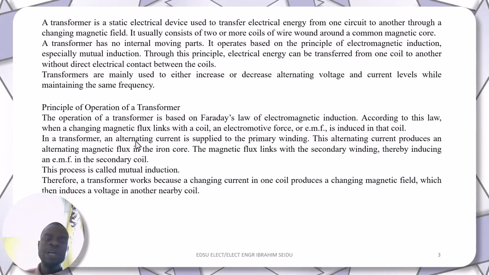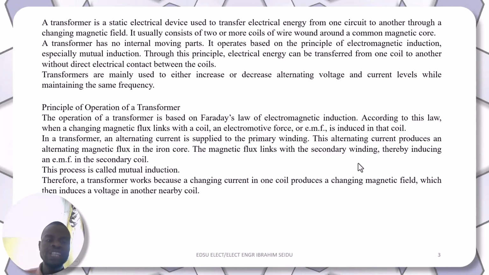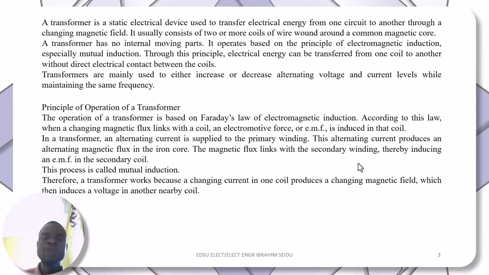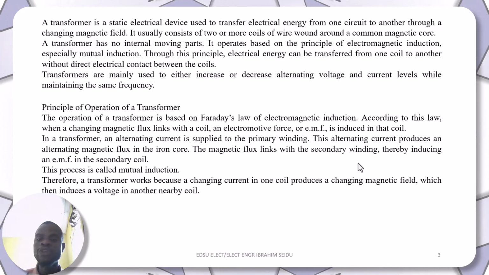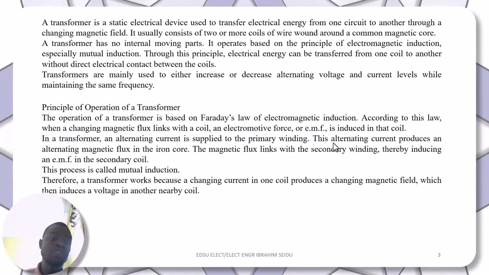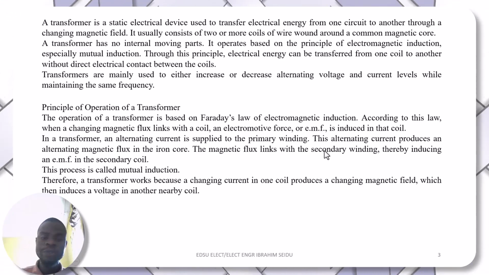So in a transformer, an alternating current is supplied to the primary winding. This alternating current produces an alternating magnetic flux in the iron core. The magnetic flux links with the secondary winding, thereby inducing an EMF in the secondary coil. This process is called mutual induction.